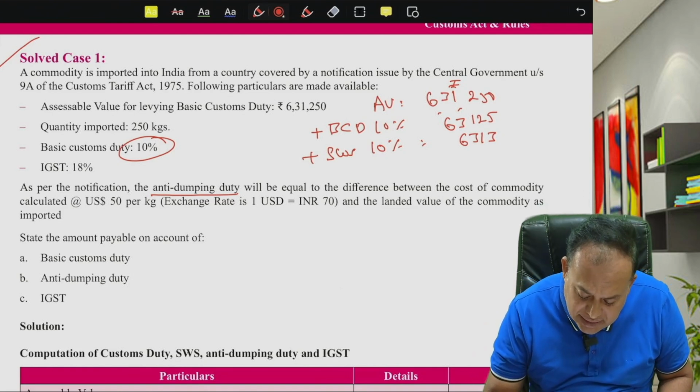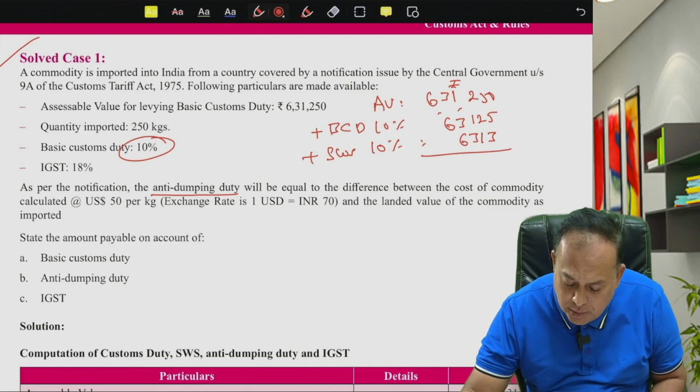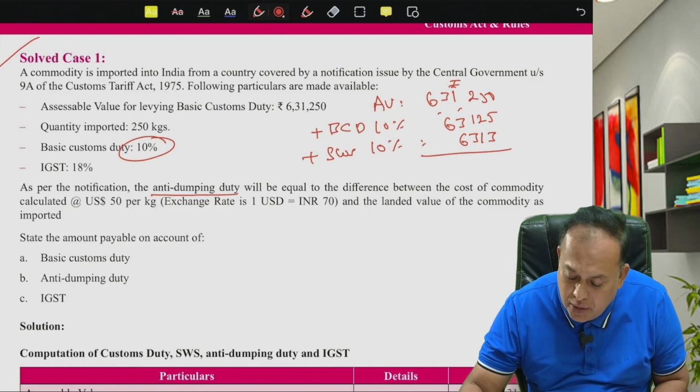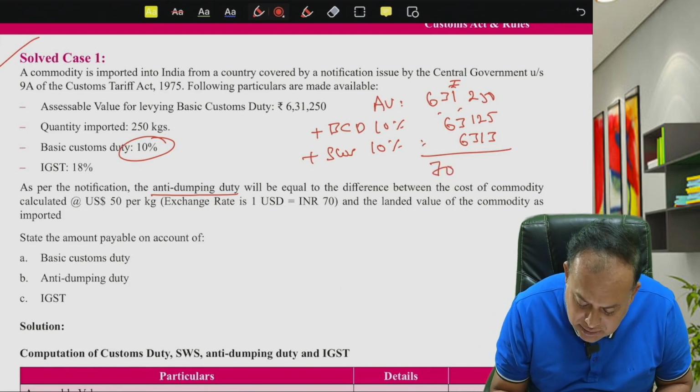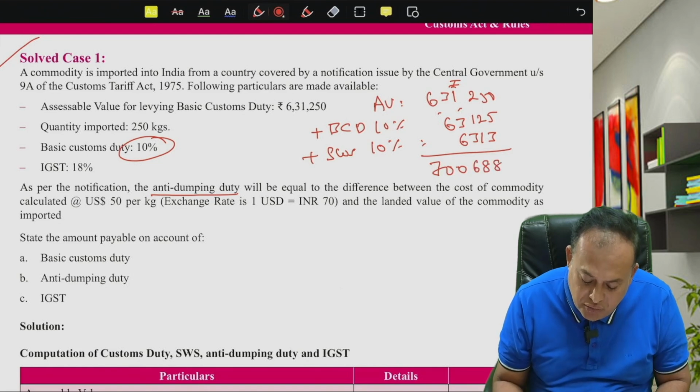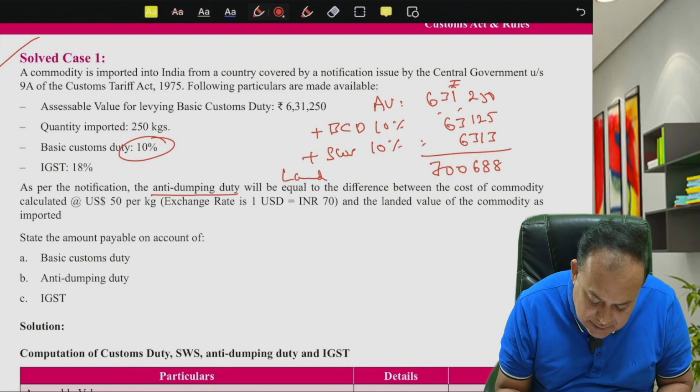Now we will get the value. Here how much did we get? 6,31,250 plus 63,125 plus 6,313, which is equal to 7,00,688, which is also called the landed value.